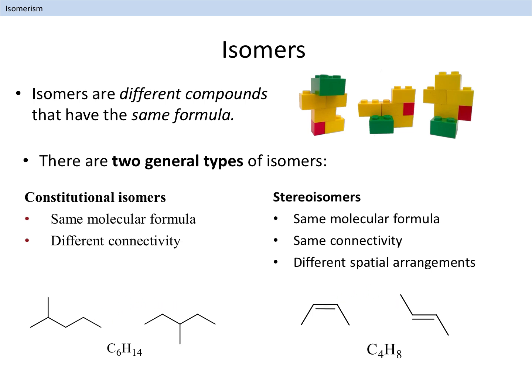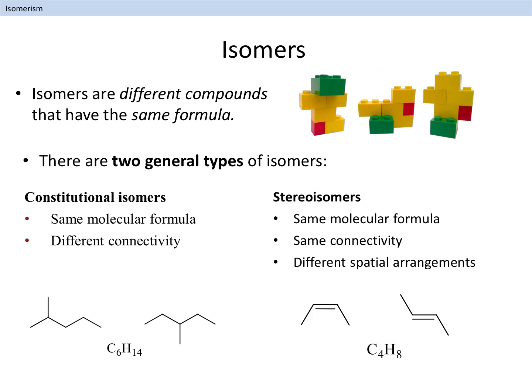So if isomers are different compounds made of the same stuff, what exactly is different about them? To answer that question, we need to look in detail at the different types of isomers that can exist. There are 2 general types of isomers. First, we have constitutional isomers.